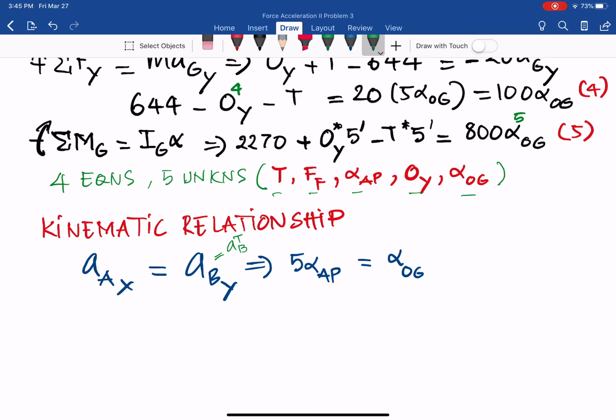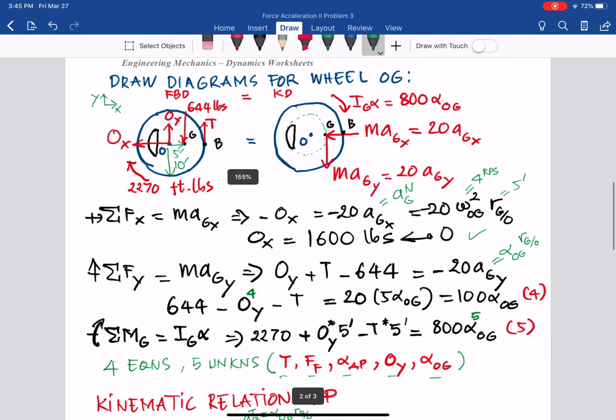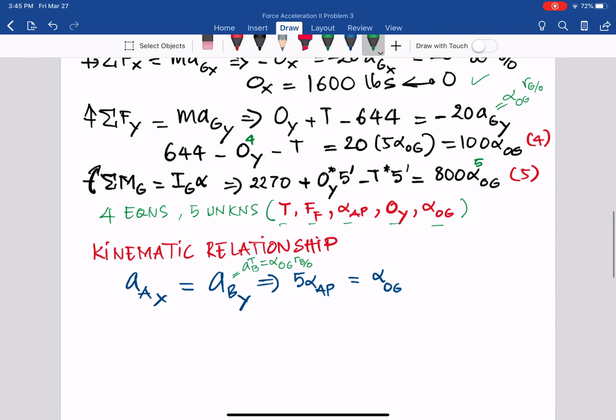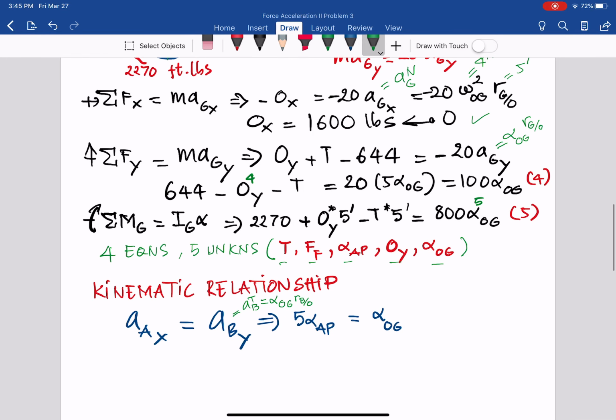So it equals alpha OG times the radius of B relative to O. Keep that in mind: B relative to O is 10 in here. See that? 10. So not 5, but 10. That is the key in here. Times 10 feet. So what does that mean? I have a new equation: alpha AP equal to 2 alpha OG. Let's set that as equation 6.